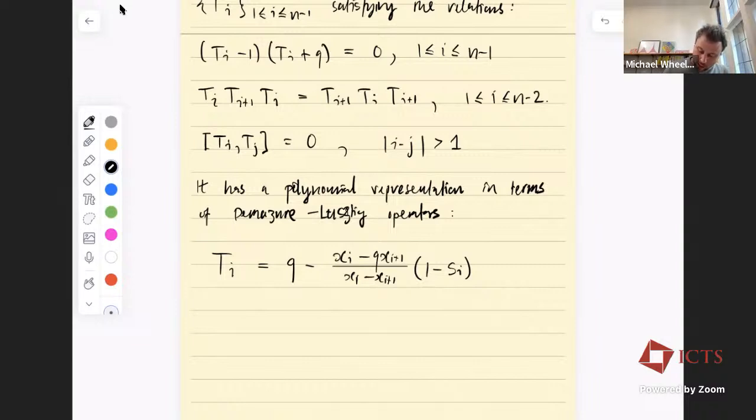And the action that's happening here, this is just acting as the identity, and this is the simple transposition of the two variables xi and xi plus 1.